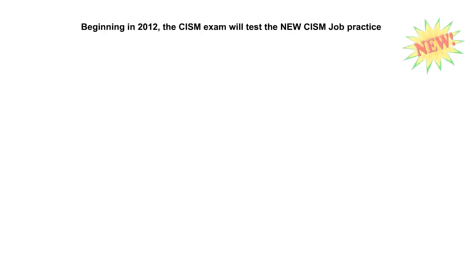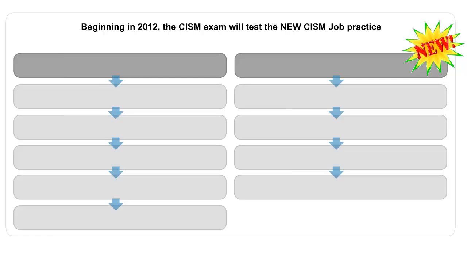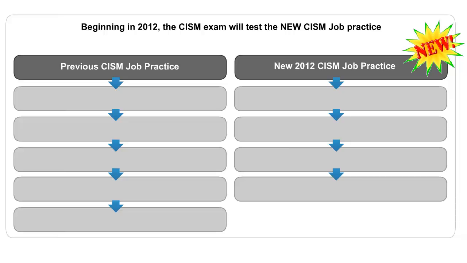In their effort to keep up with changing information security trends and practices, ISACA has updated their syllabus for CISM. Beginning in 2012, the CISM exam will test the new CISM job practice. The previous CISM job practice was spread out with the following domains and distribution in brackets.